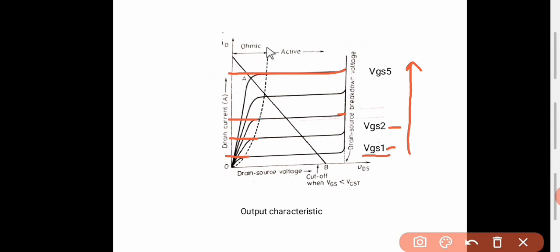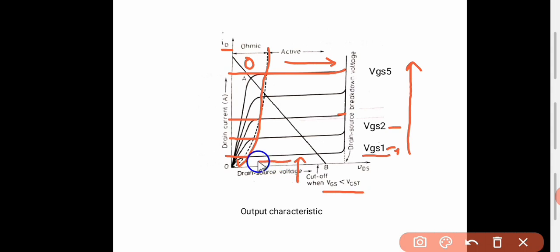This region is known as the ohmic region, in which the device is in the fully on condition, while this is the active region, in which the drain current depends on the gate source voltage. And this is the cutoff region, in which VGS is less than the VGST threshold voltage, so the device is in the turn off condition.